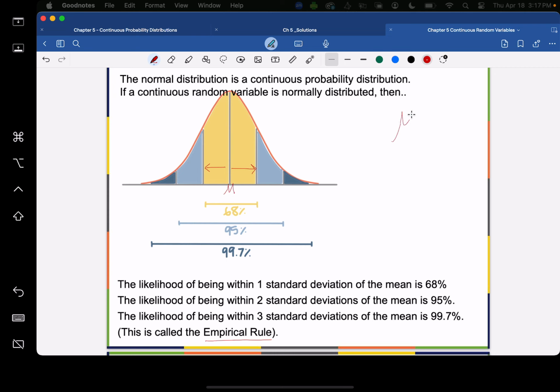Mu is the letter that I'm writing. And the probability of being within two standard deviations of the mean is 95%, and then 99.7% of all the data values are going to be within 3 standard deviations of the mean.